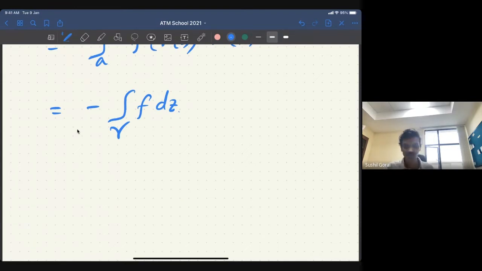Okay. So let me mention briefly what is the length of curve.